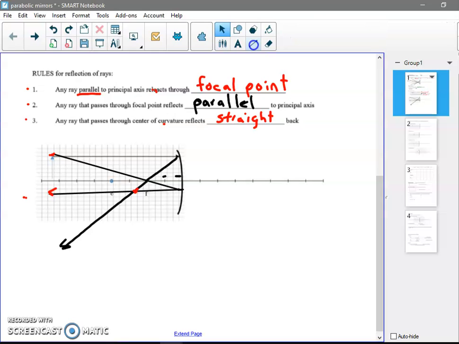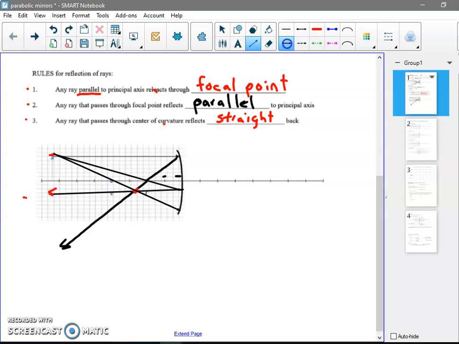So if I attempt to do that here, okay, then I draw from here a ray through C, and it would come straight back. I'm not even going to try to draw that straight back. I'll just do it in a different color. But notice it passes through that same point again. So I've done a pretty decent job.